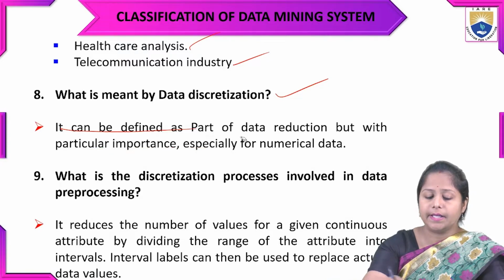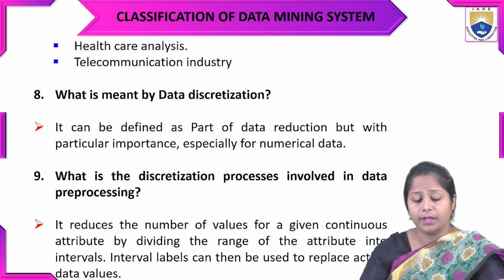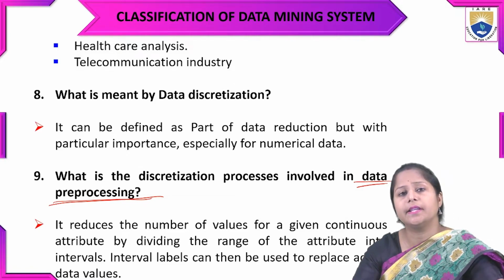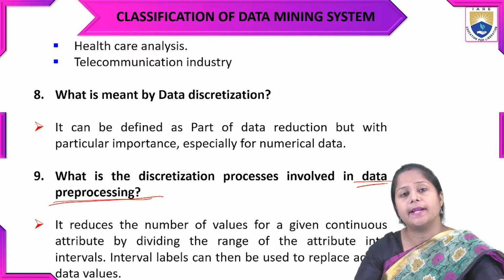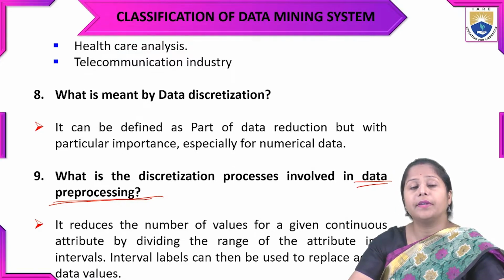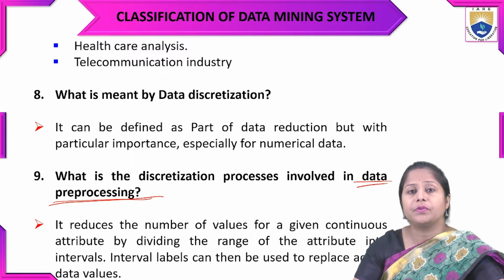Next question is, what is the discretization process involved in data pre-processing? Data pre-processing is a process in which we have to understand the data, clean the data, and rectify it, making it real value data. That is the process of pre-processing.